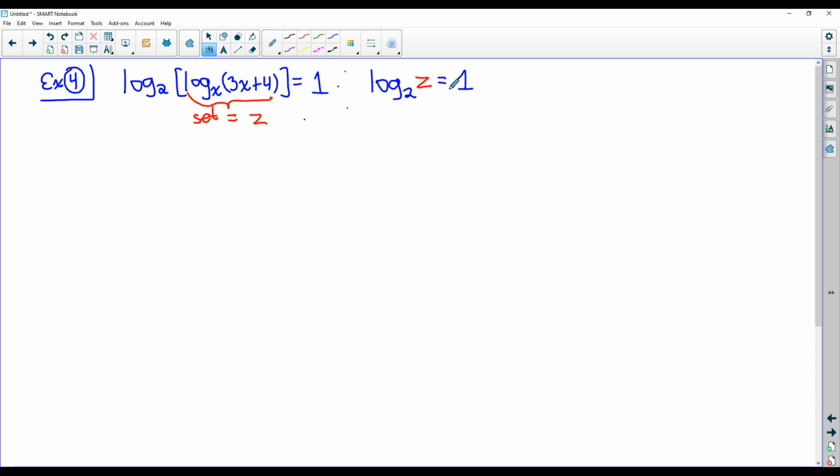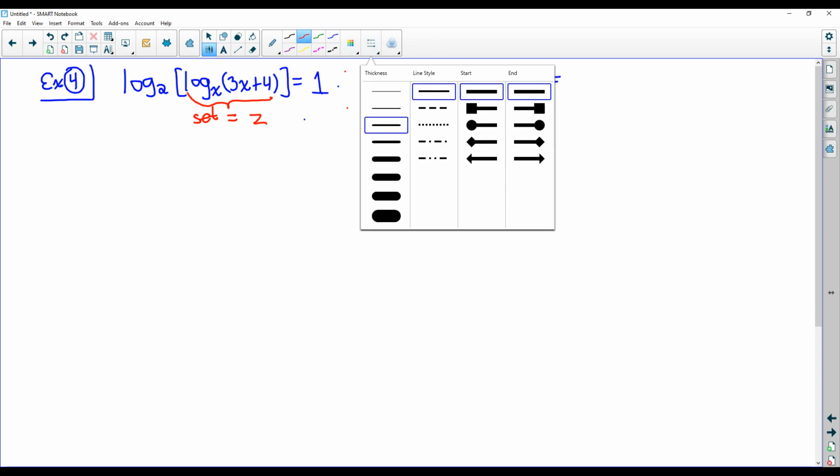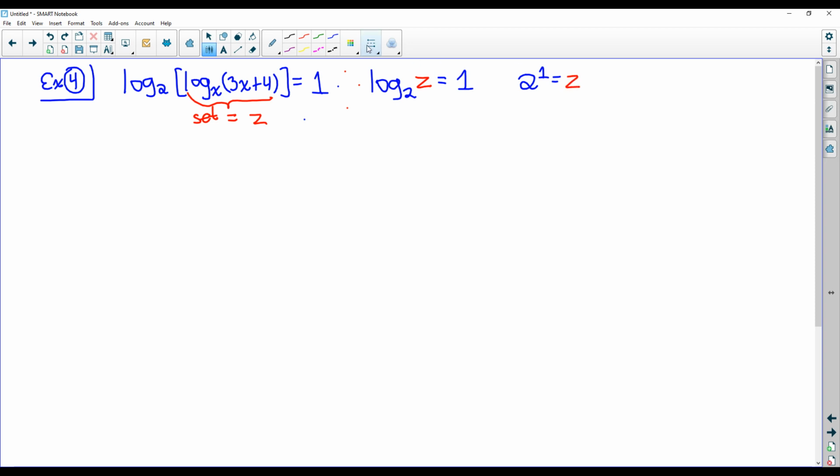Okay, now that's similar to one of the previous forms where you have a log on one side, a number on the other. So we're going to turn this into exponential form. So this would be 2 to the power of 1 would be equal to z. Now what I'm going to do is sub this expression back in, okay?